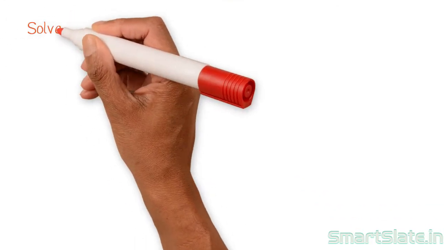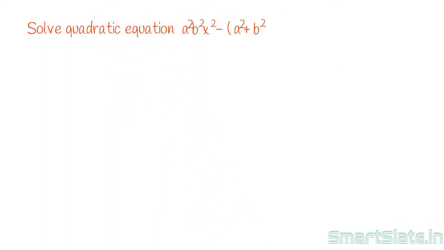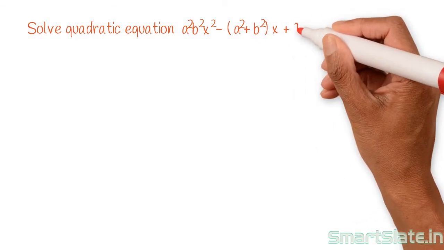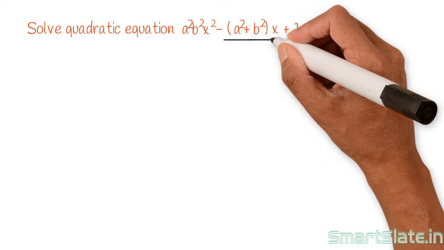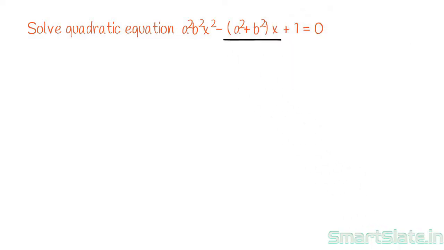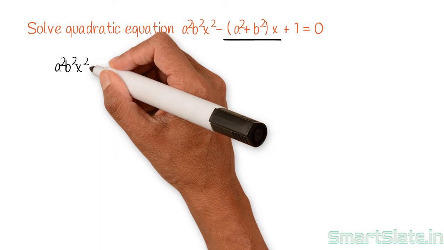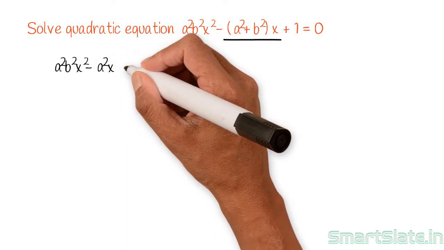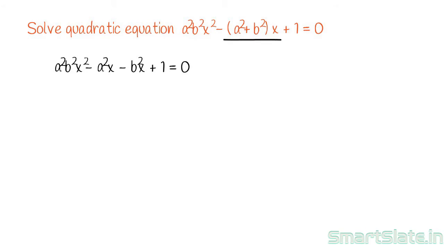Let's solve another problem. Solve the quadratic equation a square b square x square minus in the bracket a square plus b square, bracket complete, x plus 1 equal to 0. This one is simple. Split the single middle term by multiplying x and a square plus b square. That makes the equation a square b square x square minus a square x minus b square x plus 1 equal to 0. Take a square x as common factor.